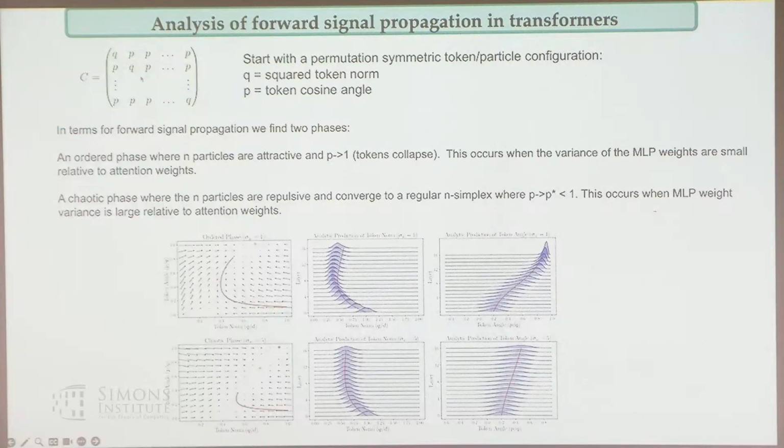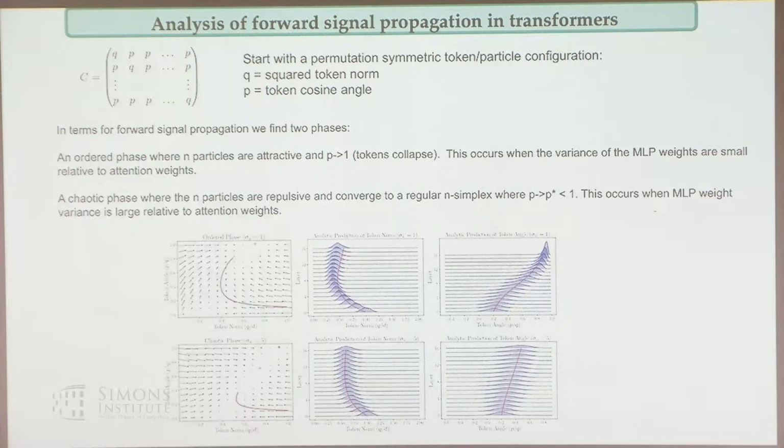And then what we find is, again, two phases, okay? And again, it's the variance of the MLP weights that control everything, okay? When the variance of the MLP weights is small, just like in the MLP-only setting, you get an ordered phase where the tokens are attractive and they actually collapse.